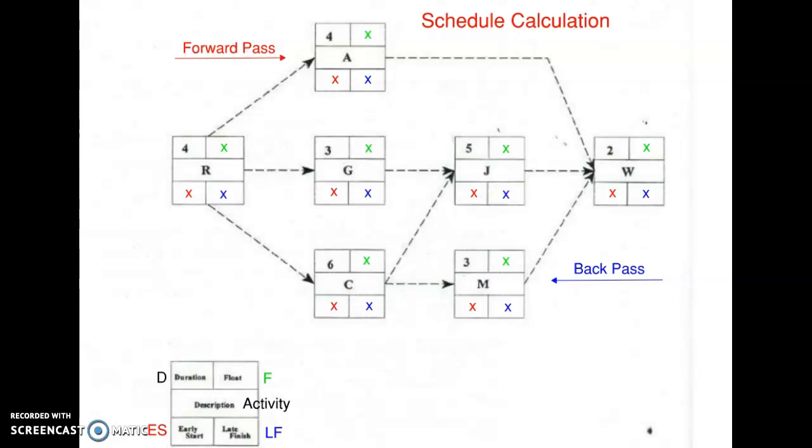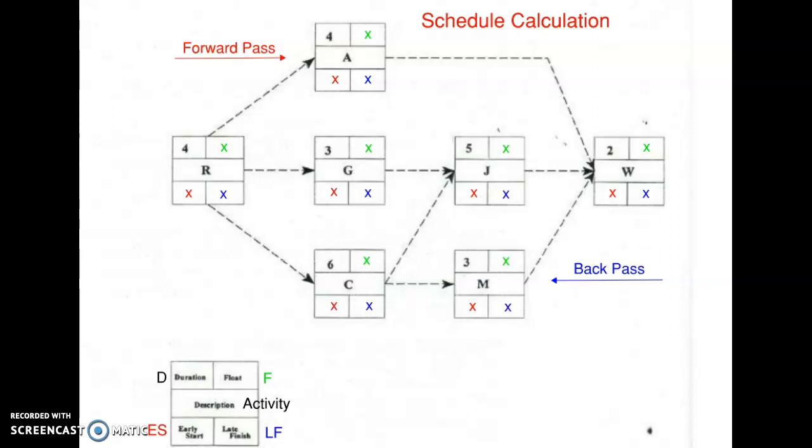This is chapter 9 in your text. I want to demonstrate a schedule calculation for you here, and I do this a little bit differently than the book does. I try to keep this simple and then add to it afterwards, and I'll get into more about adding to it later.